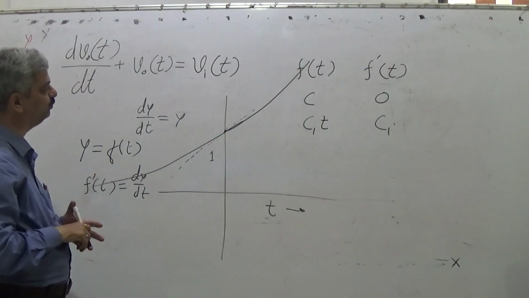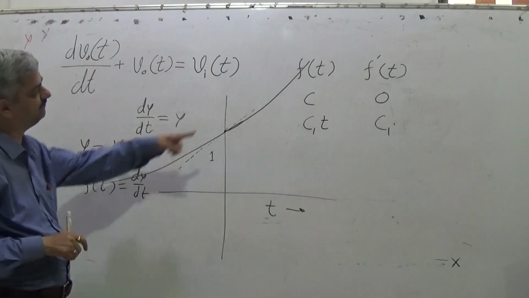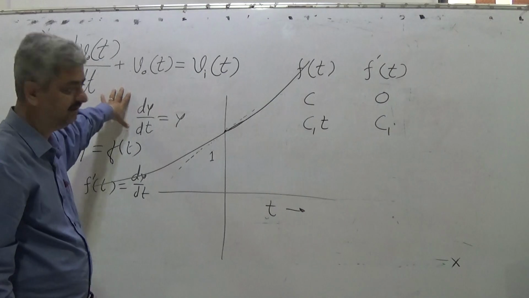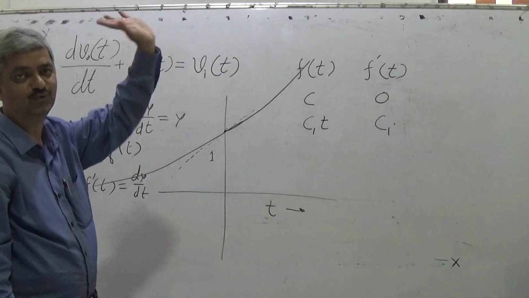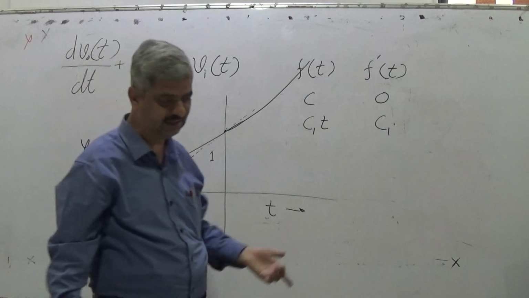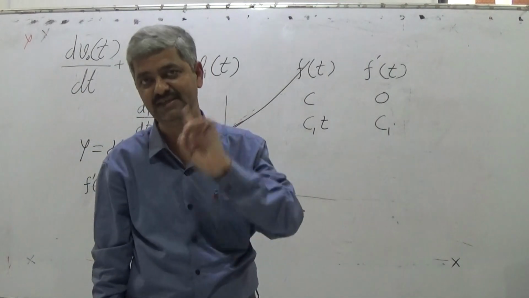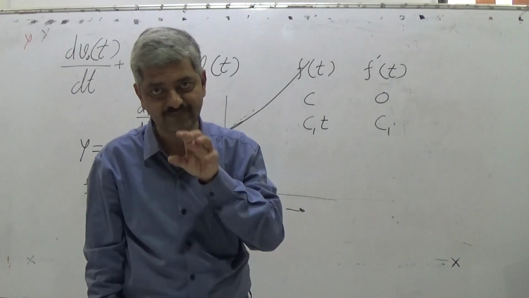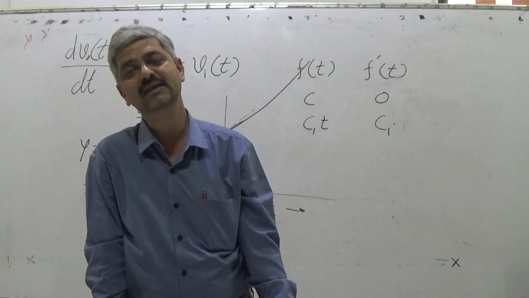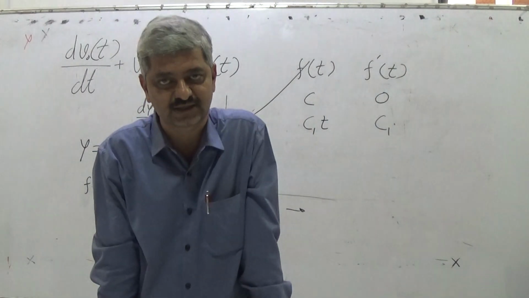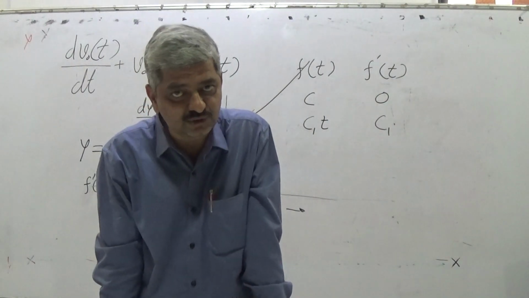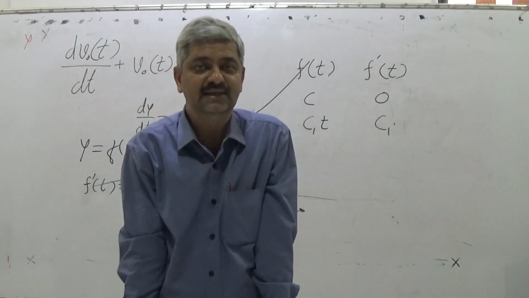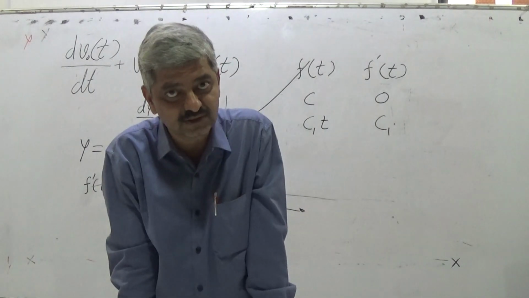where dy by dt is equal to y. So the derivative of e raised to t is e raised to t. This is a very peculiar, super magical function, in such a way that the derivative is equal to the function itself.